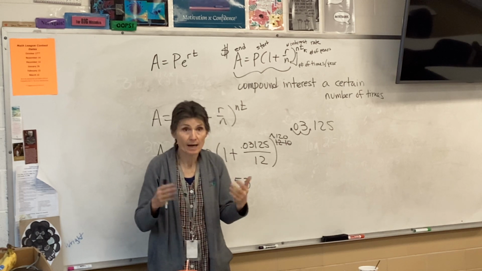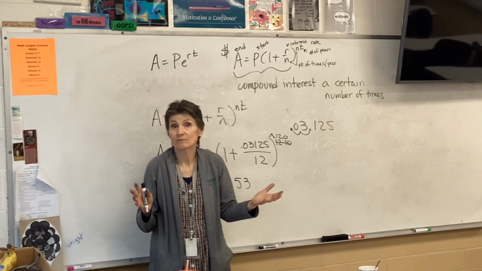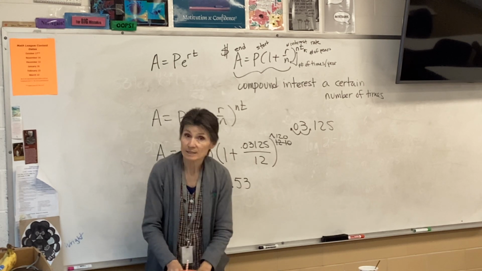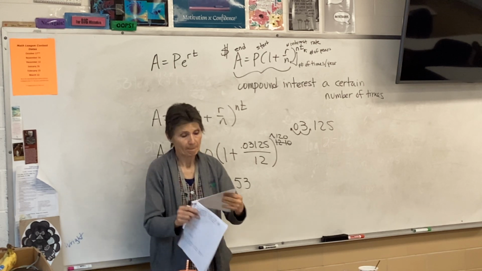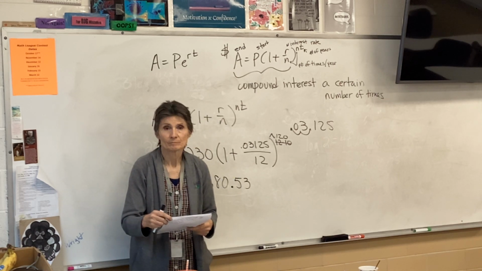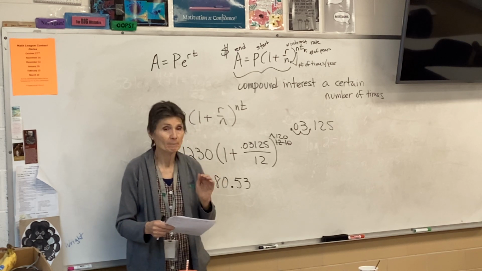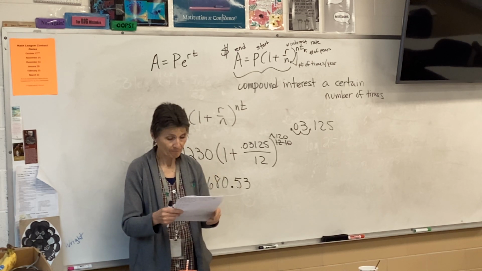Compounded continuously, I don't know what number is continuously. It isn't a number, it's infinity. So I'm going to skip that one for a minute. Number 5 is not about money. Skip it for a second. 6 is not about money. Skip it for a second.